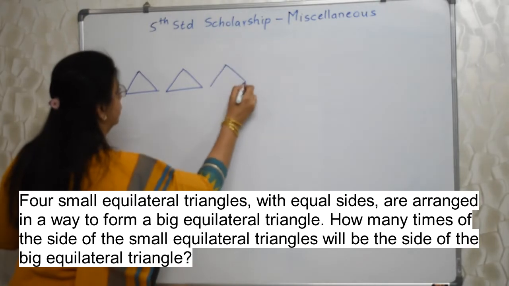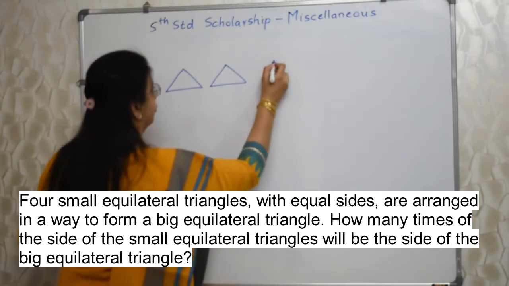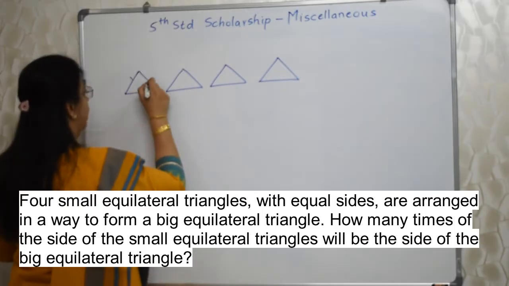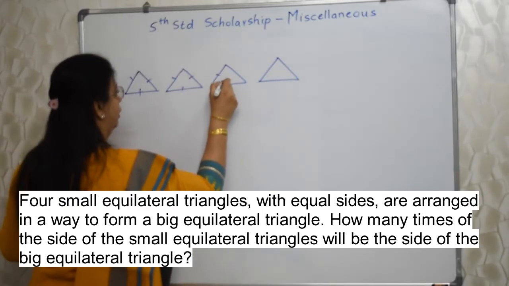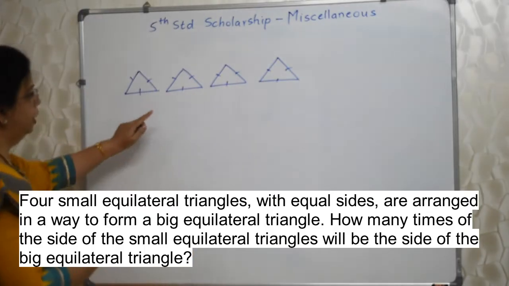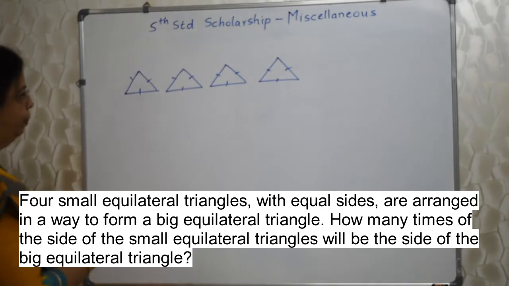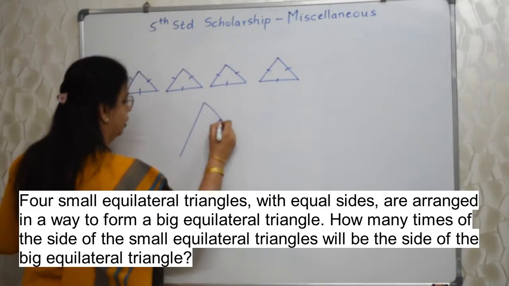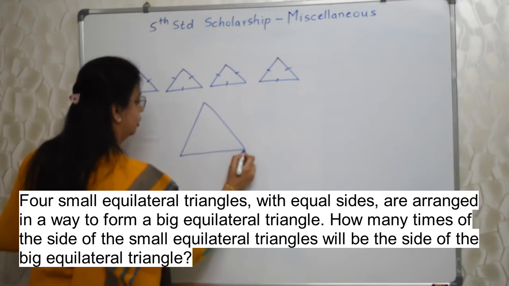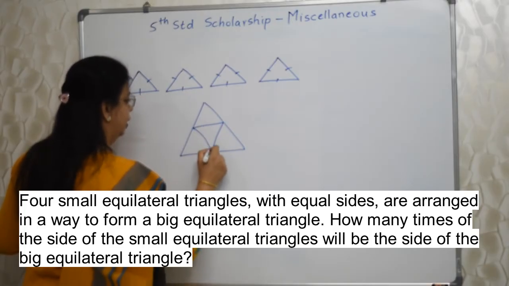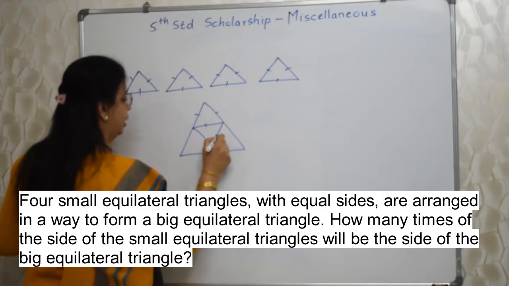They are all the same. Equilateral means all sides are equal, right? They want us to arrange these 4 equilateral triangles in such a way that a big equilateral triangle is formed. Like this, and all sides are the same.